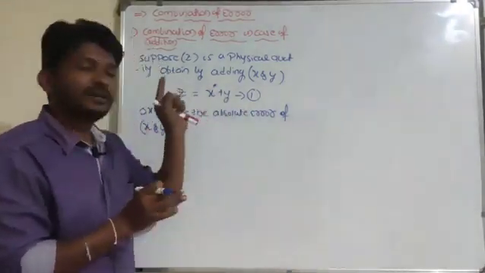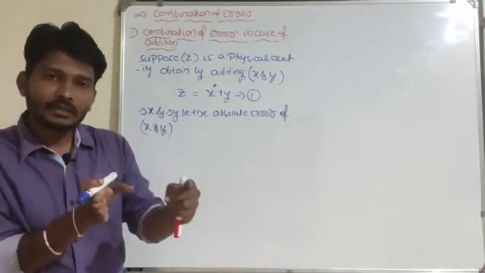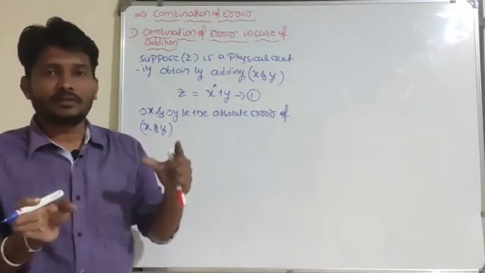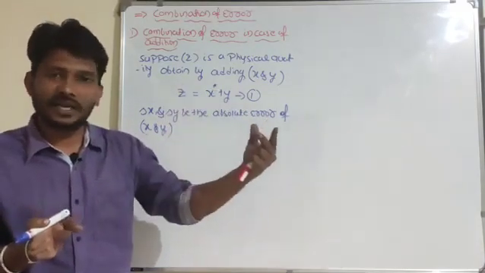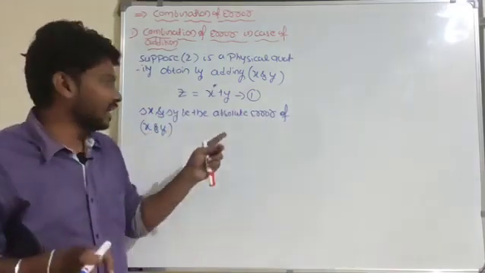Then how do we calculate the absolute error? It is the difference of the mean value and the observed value, so A bar minus A. For example, X bar minus X1.